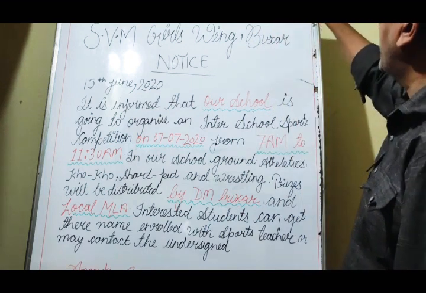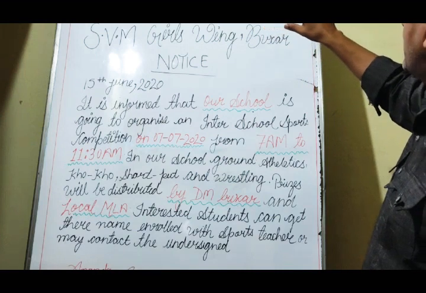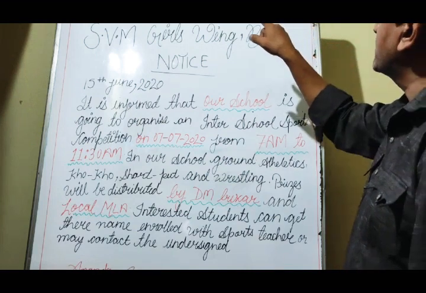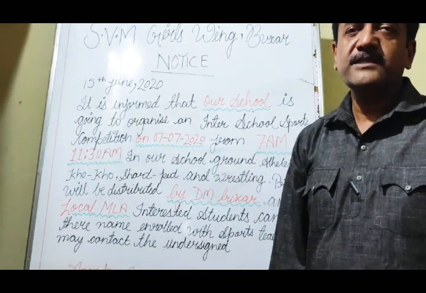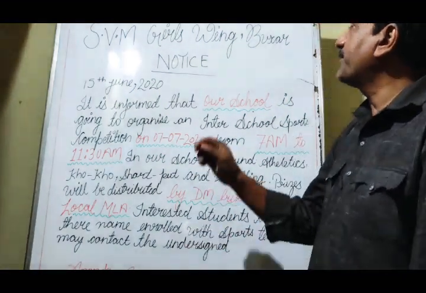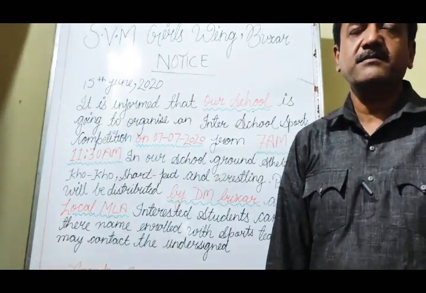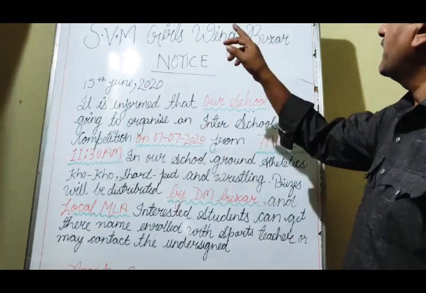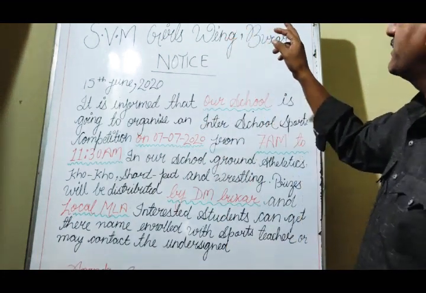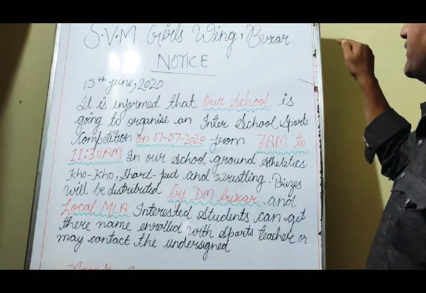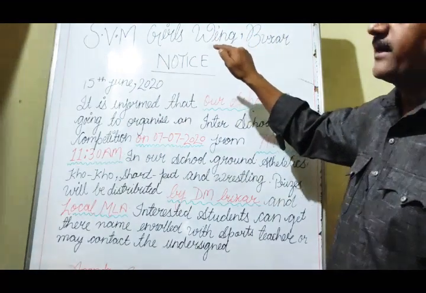Then we leave a line and write NOTICE in capital or block letters. This is very important: you must always write notice in block letters, and it is better if it is underlined. Then in the next line, you don't have to leave any line.